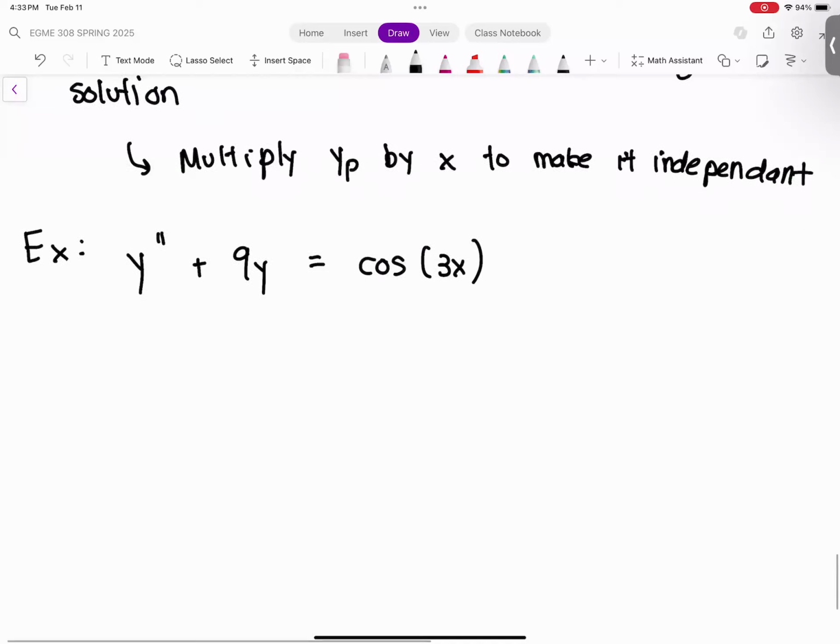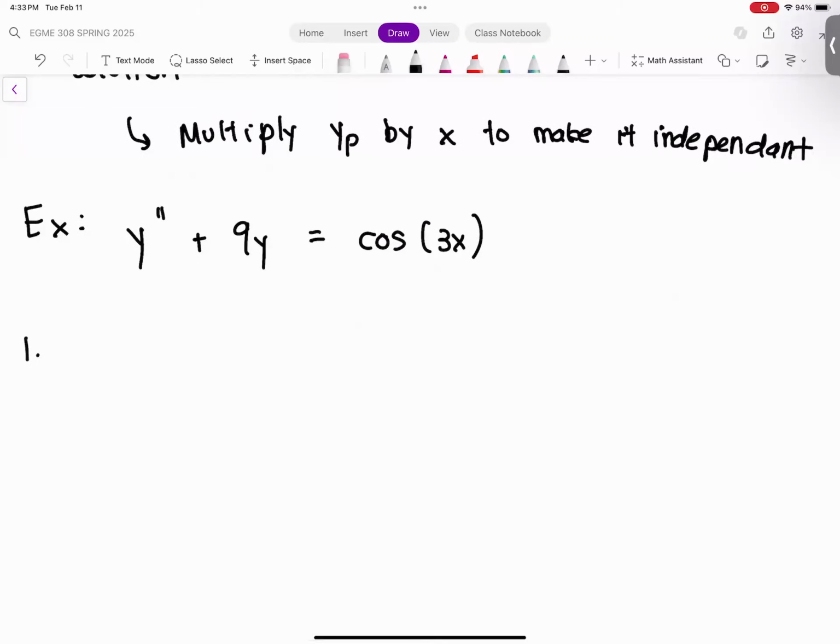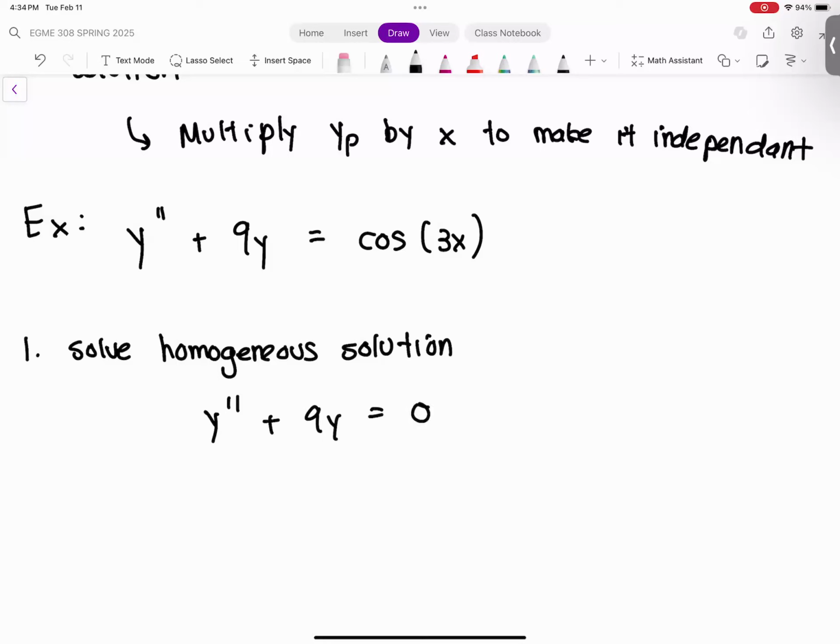So let's go through our process here. Number one, we're going to solve for the homogeneous solution. So the homogeneous equation is y double prime plus 9y equals 0. If we do the characteristic equation here, we have lambda squared plus 9 equals 0. We see lambda is complex conjugates, plus or minus 3i.